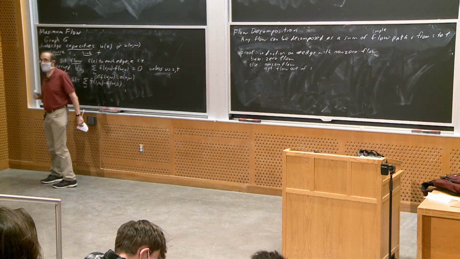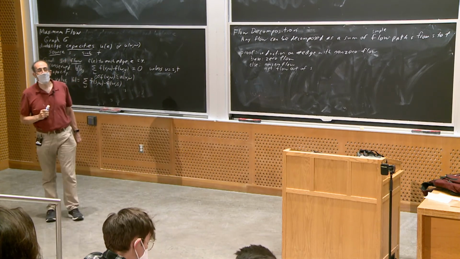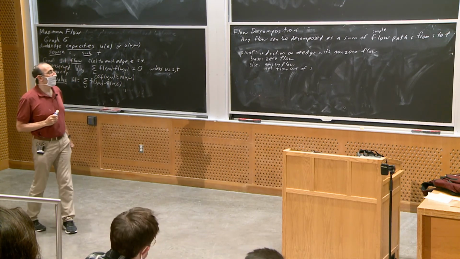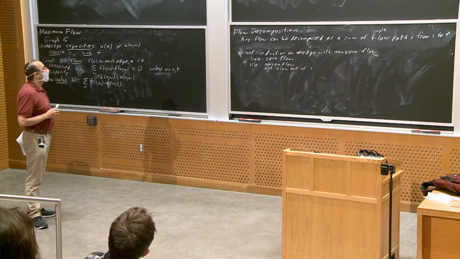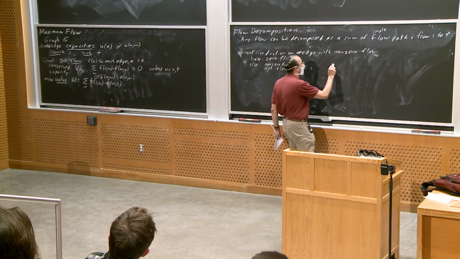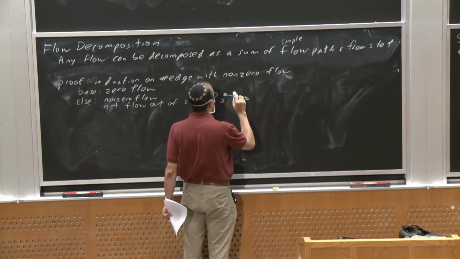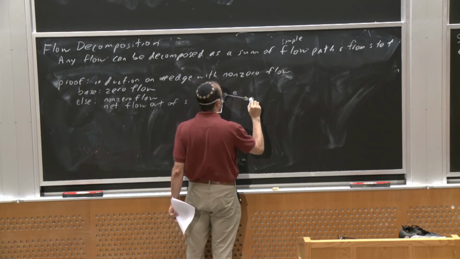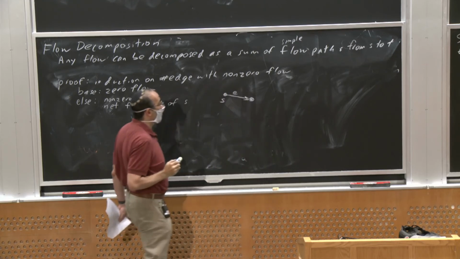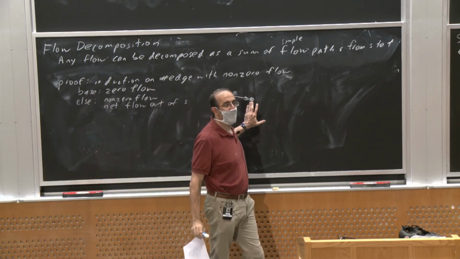Okay? That's the definition of the non-zero flow. Let's follow it. So we have the source, and there's going to be some edge carrying some flow out of the source. If we follow that edge, we arrive at another vertex.